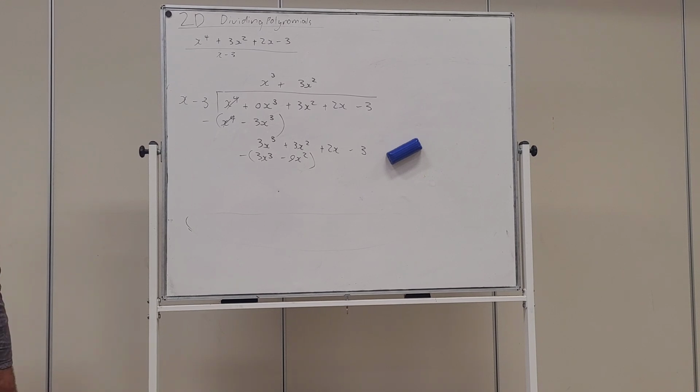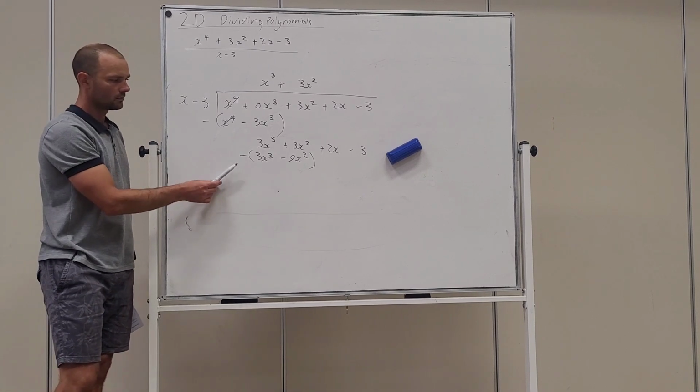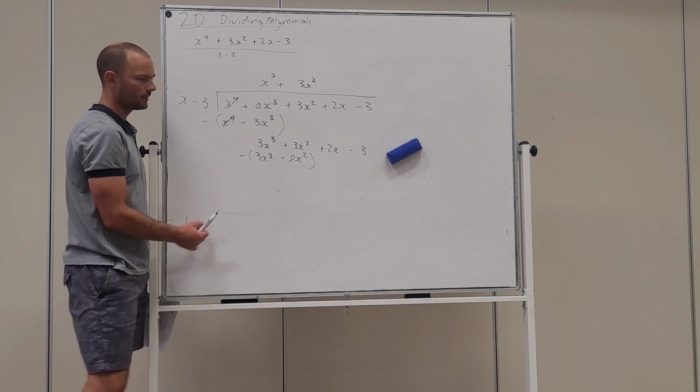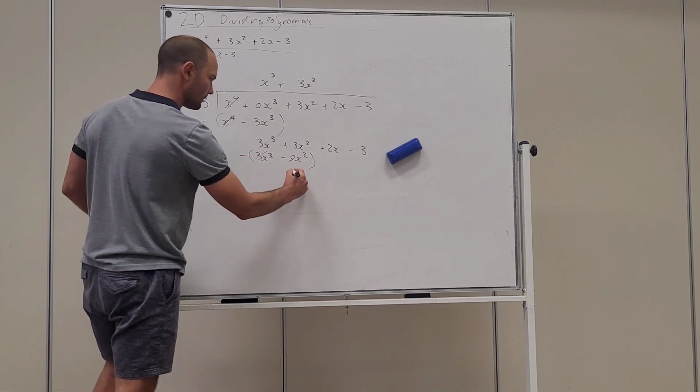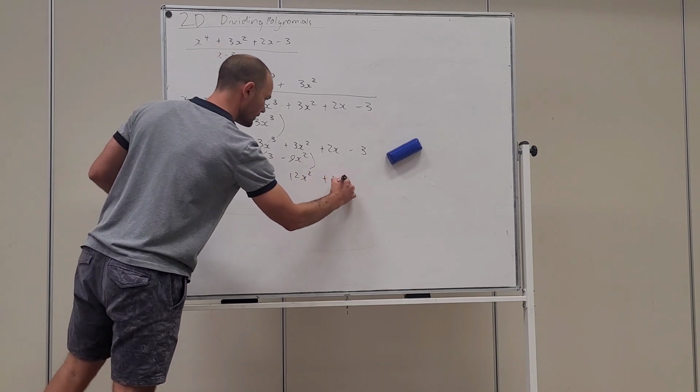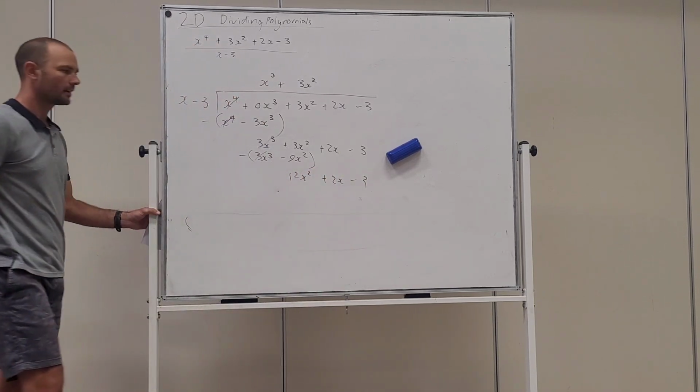We'll subtract it away. So 3 take 3, that'll cancel. 3 take minus 9 becomes positive 12x squared. And the rest comes down.